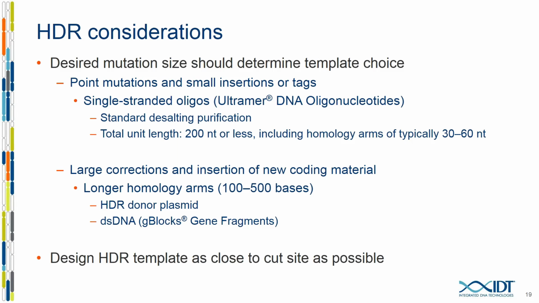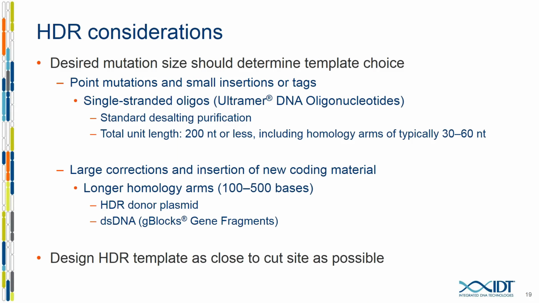For even larger insertions, though, if you're moving beyond, say, 150 or larger bases, typically double-stranded donor material is used. And the reason for that is not only the size limitations for ultramer oligonucleotides, but we typically have to move to double-stranded DNA for those really large inserts.